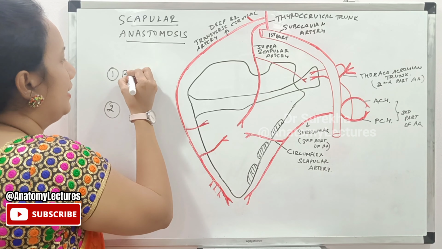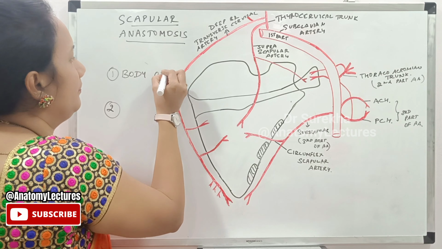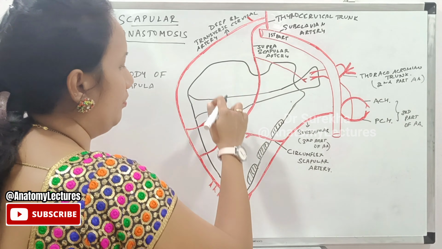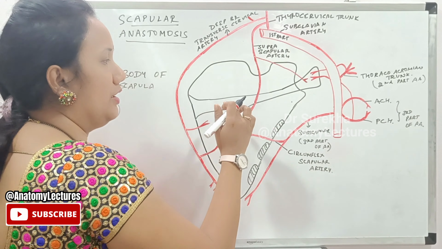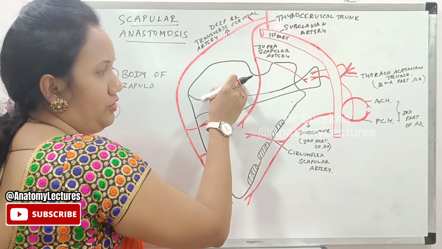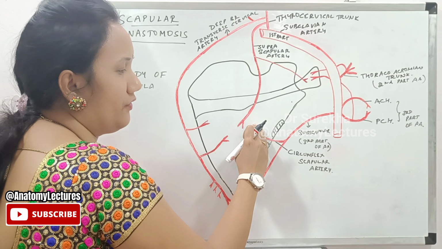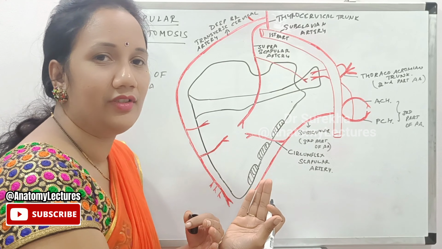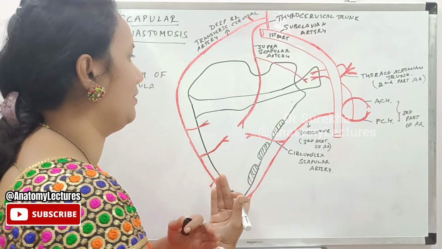One is at the body of scapula. So this is the body of the scapula. You have got anastomosis in the supraspinous fossa, infraspinous fossa, and subscapular fossa. Subscapular fossa is present in the anterior aspect.